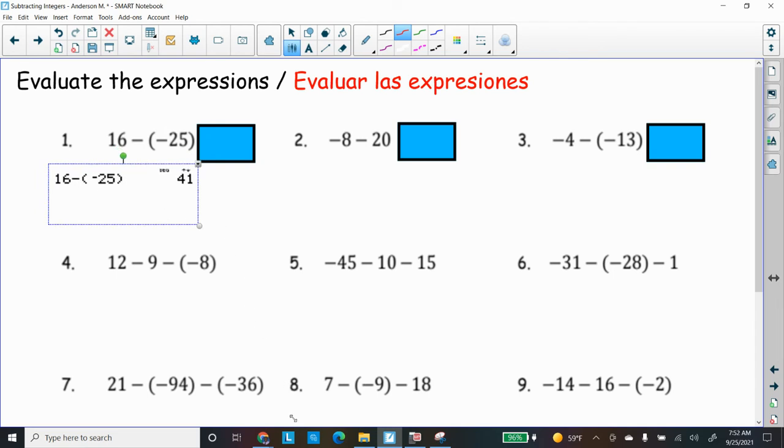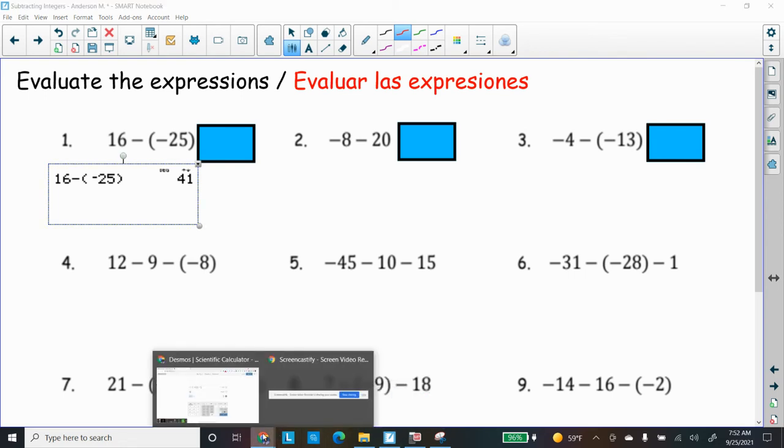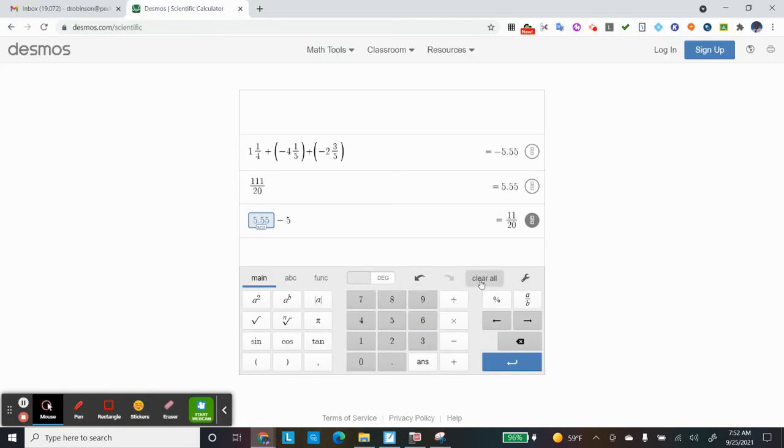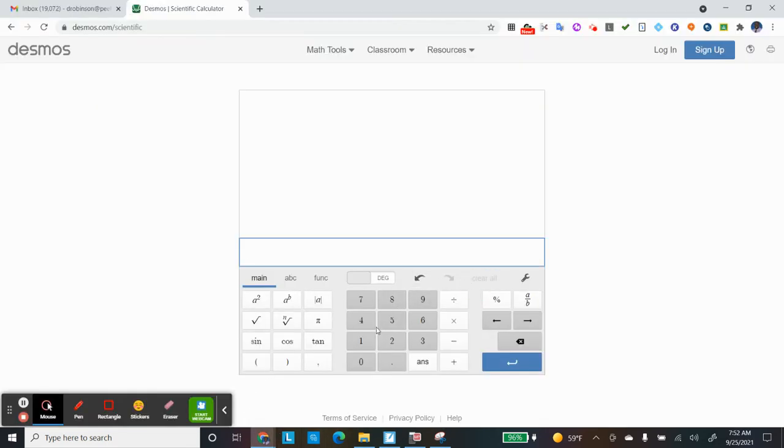Let me just make that a little smaller so I can fit it in there. And I'm going to go to the Desmos calculator, if you don't mind, and clear all this stuff out and type in, like I said, the Desmos calculator does a little bit better job in dealing with the signed numbers.